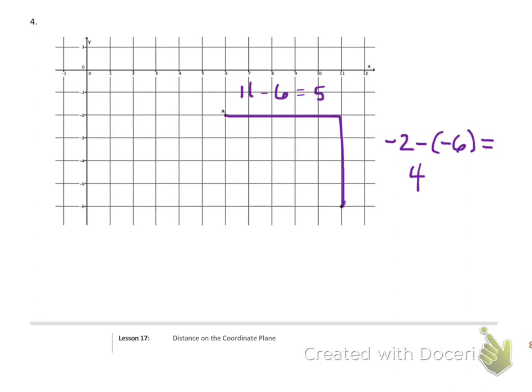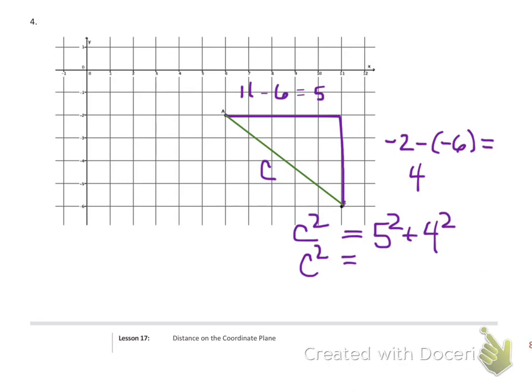So my distance here is C. 5 squared plus 4 squared. Let's call it C squared over here. So C squared is equal to 25 plus 16, which is 41.